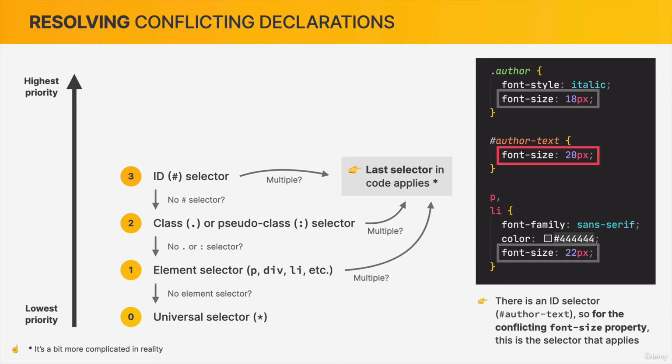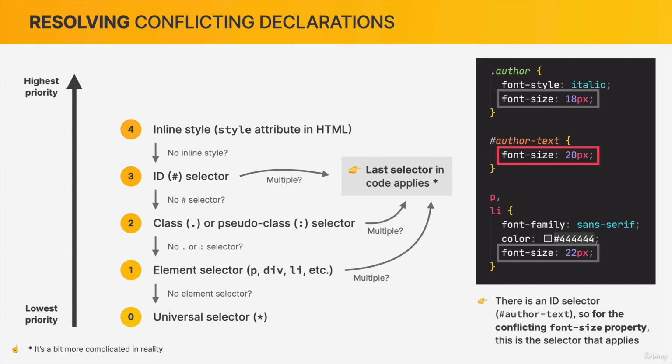All right, and these are the most important rules that you need to know to resolve conflicting declarations, but just for the sake of completeness, there are actually things that have a higher priority than the ID selector. So one of those things is inline styles. So remember that we declare inline styles by using the style attribute in HTML. Now, since we shouldn't actually do this anyway, this is not really important. But you should still know that these styles actually have priority over the styles that are declared using an ID selector.